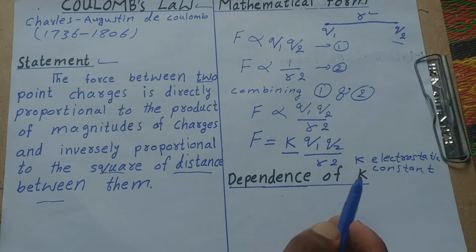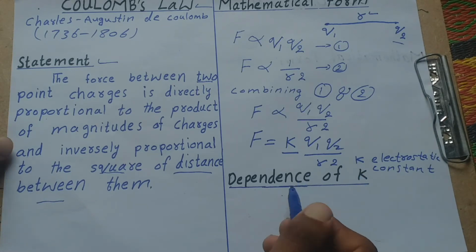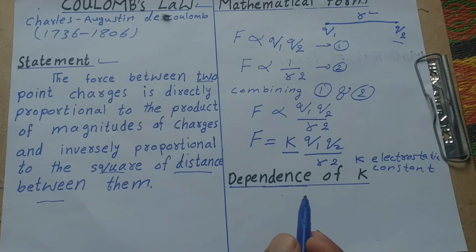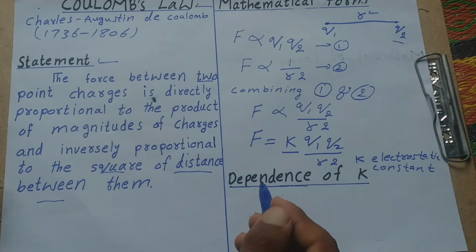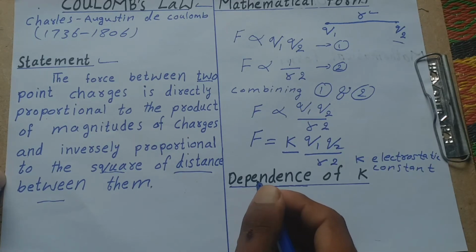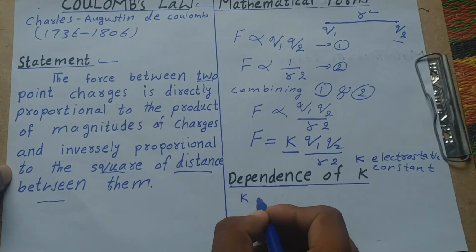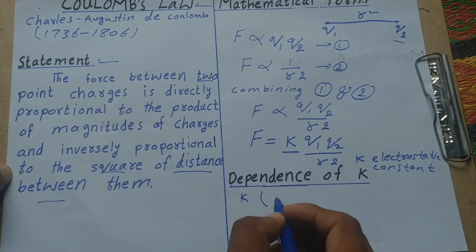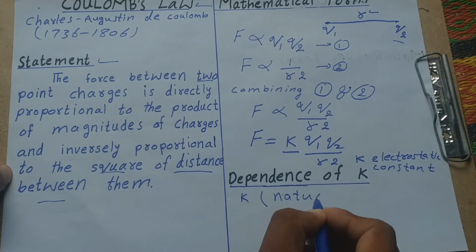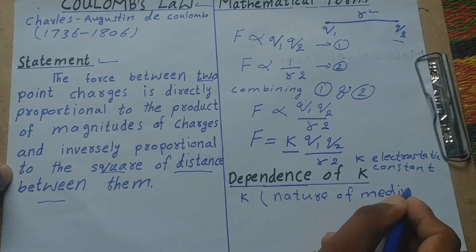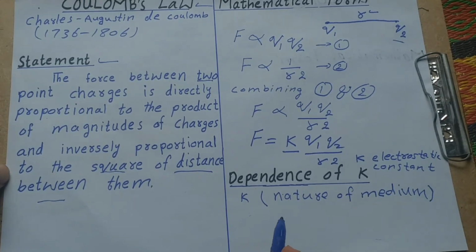K is known as the electrostatic constant. Dependence of K means on what the value of K depends, how K depends on the system or medium. Its value depends on the nature of the medium.